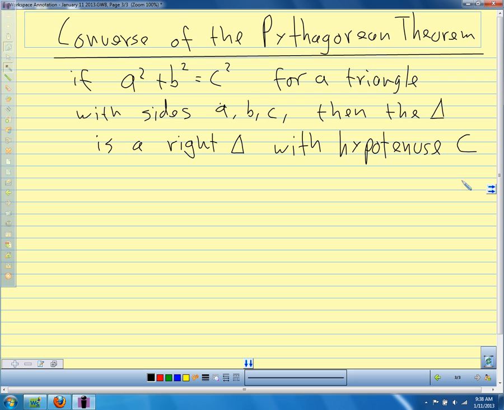If we have a right triangle, we know that a squared plus b squared equals c squared. And if a squared plus b squared equals c squared for a triangle, that guarantees us that our triangle is a right triangle and c is our hypotenuse.